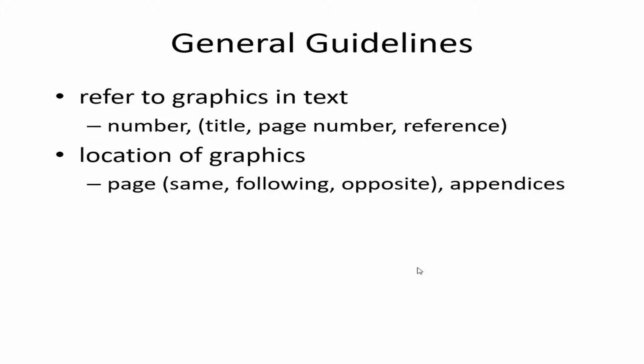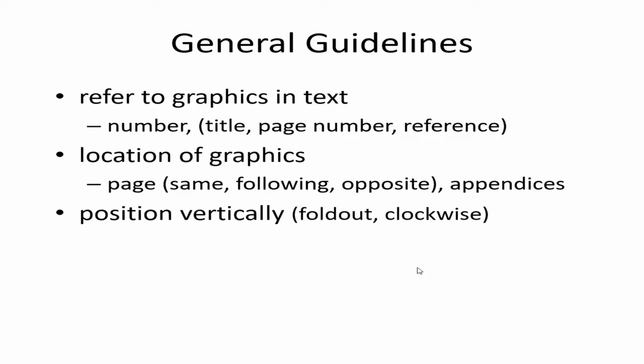And sometimes in appendices, but I prefer to have the graph close to the describing text. And it has to be positioned vertically if you are reading documents, or a fold out, and if we have to present it horizontally, it has to be looked at when you move the document clockwise.